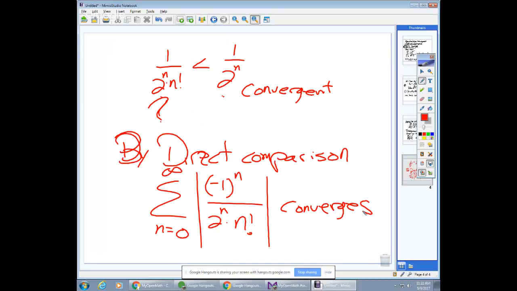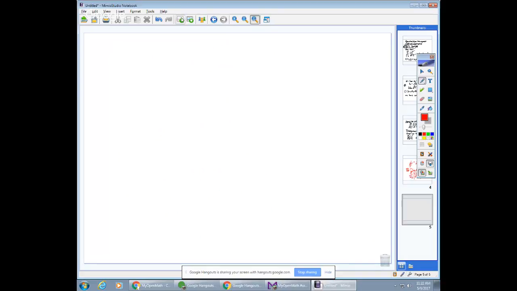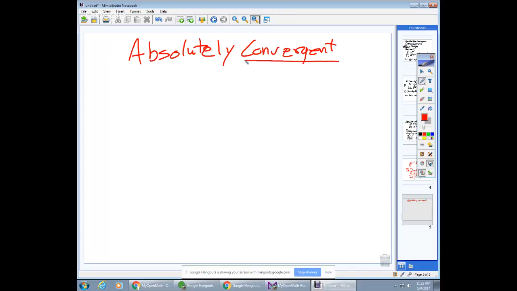The cool thing about being convergent in absolute value is, so this is again what they call absolutely convergent. Absolutely, which just always never sounded right to me. Always never. It's a nice combination of words. What we really mean is convergent in absolute value.